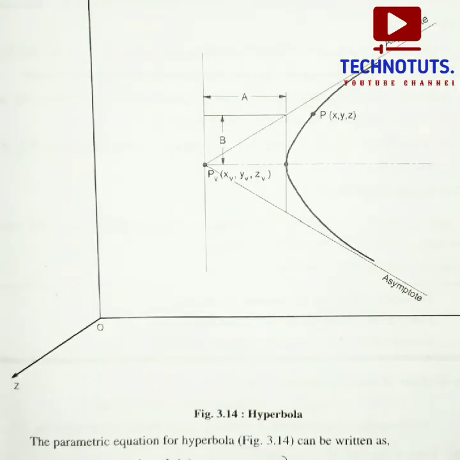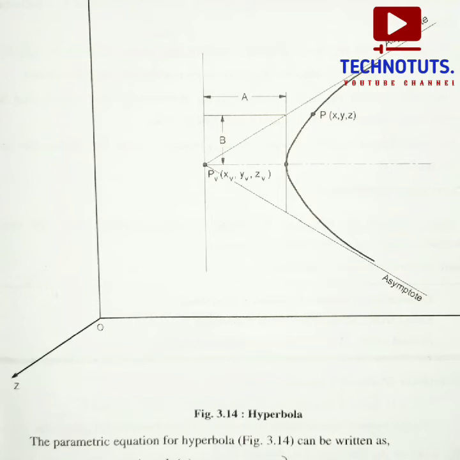Now let us see the parametric equations for hyperbolas. The figure here displays a hyperbola having a vertex point PV on the directrix having coordinates xv, yv and zv.